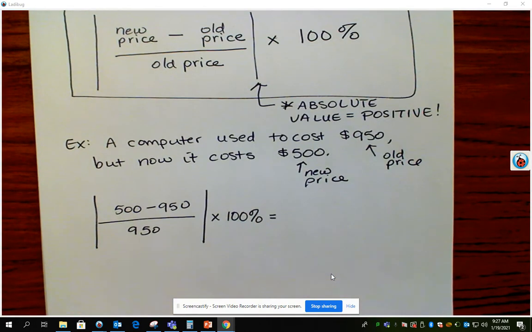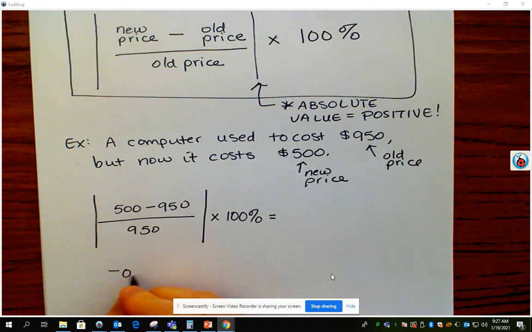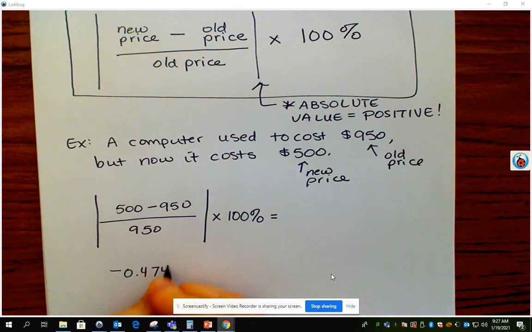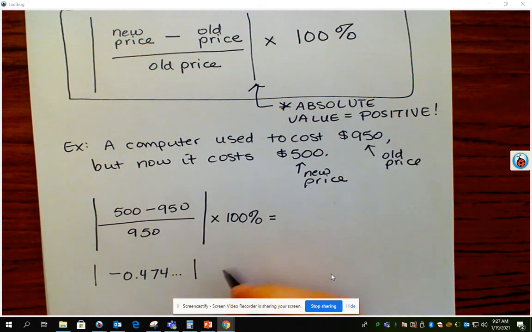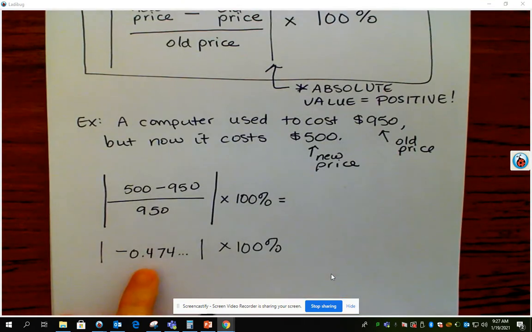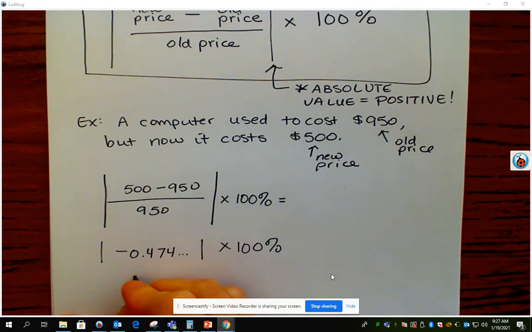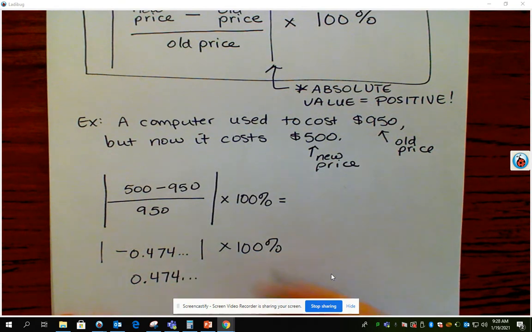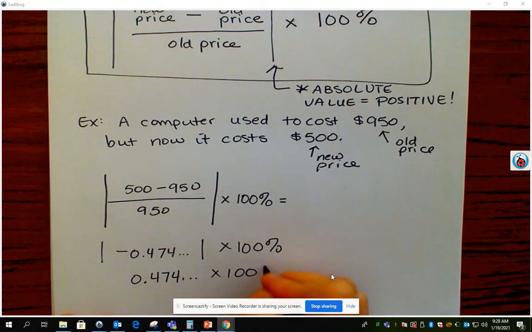Okay, so when I put this in my calculator, I just do 500 minus 950 divided by 950. I'm going to get negative 0.474. Okay, then I'm going to take the absolute value of that times 100%. Remember, absolute value makes it positive, so this would be positive 0.474 times 100%.